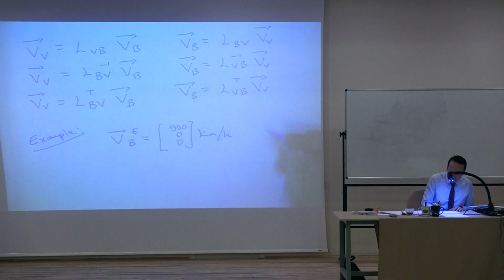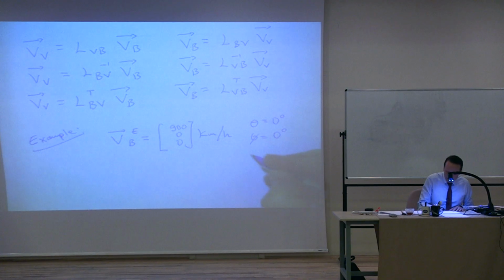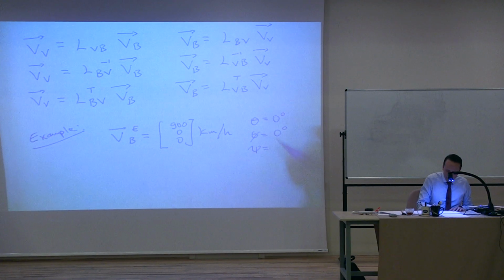And let's say this airplane is in the following attitude: theta equals 0 degrees, phi equals 0 degrees, and psi equals plus 90 degrees.